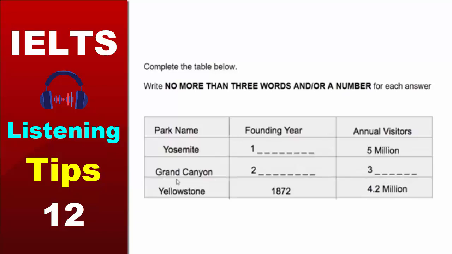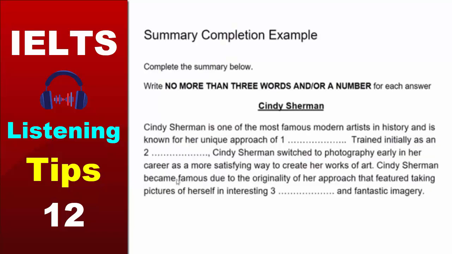These parks are all located in the United States. Founding year: we've got to listen for when that park was first founded, and the number of annual visitors at the park. So we just need to listen to the description from the speakers and fill out the necessary information for this type of question.